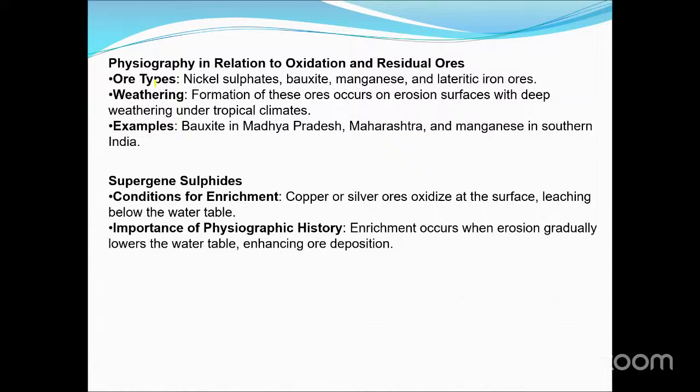These are the ore types related to oxidation and residual ores. So, based on oxidation and residual ores, we have divided ores: nickel silicates, bauxite, manganese, and laterite ores.